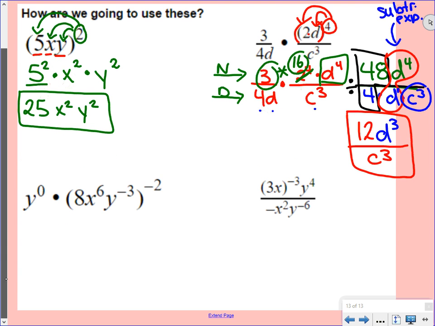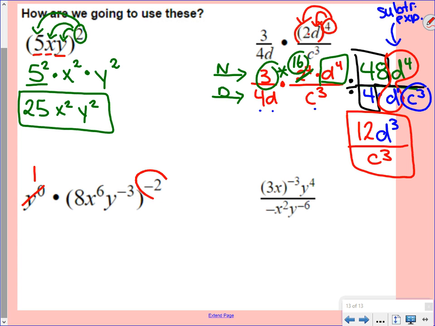Last two examples. First one, we're starting off with y to the 0 power. Well, if we simplify that right away, that's 1. Anything to the 0 power is 1. Times 8 times x to the 6th power, y to the negative 3rd power, all taken to the negative 2nd power.